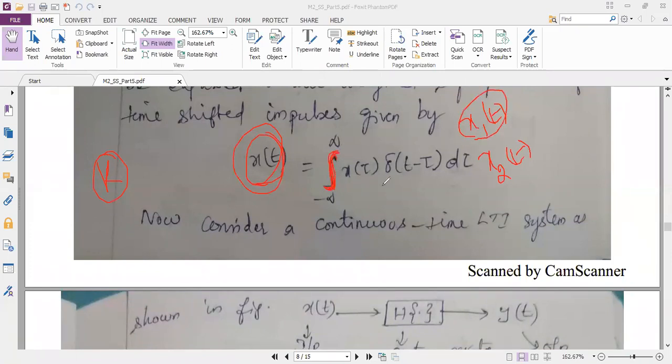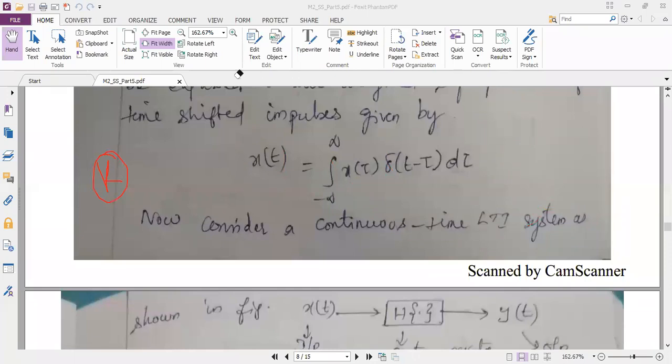So my x1 of t is x1 of tau into delta of t minus tau. Similarly, x2 of t is x2 of tau delta of t minus tau, and x3 of t is x3 of tau delta of t minus tau. Are you following it, everyone?